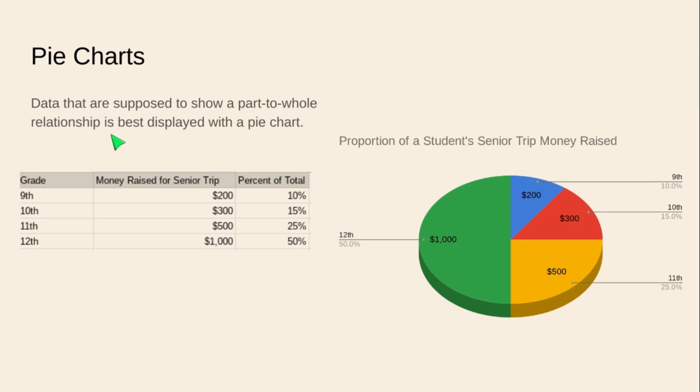Okay, so we have these grades here and something familiar to all of you, raising money for your senior trip. And then we have a percent of the total. If I were to go into some way of making a pie chart and create this pie chart here, you'd get to see the part-to-whole analysis. There's a small slice of the pie devoted to freshman year, little larger, and then by the time we're a senior, we got to be making a whole lot of money for our senior trip.